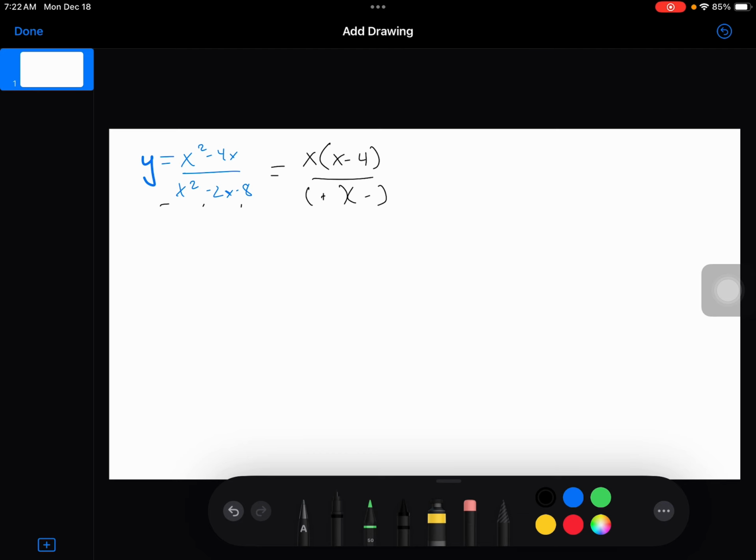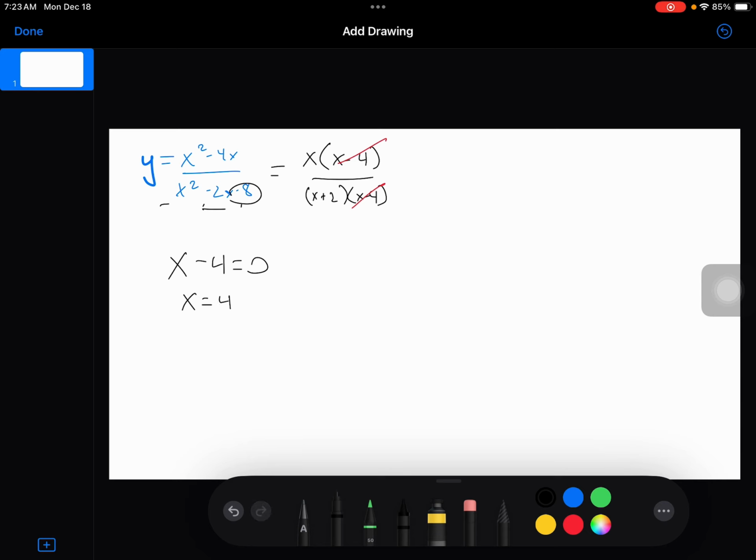We got a leading coefficient of 1, and so we're looking at factors of -8 that sum to -2, and of course we've got minus 4 plus 2. And so then that means this is a common factor on top and bottom, which means that we've got a hole or removable discontinuity at x equals 4.